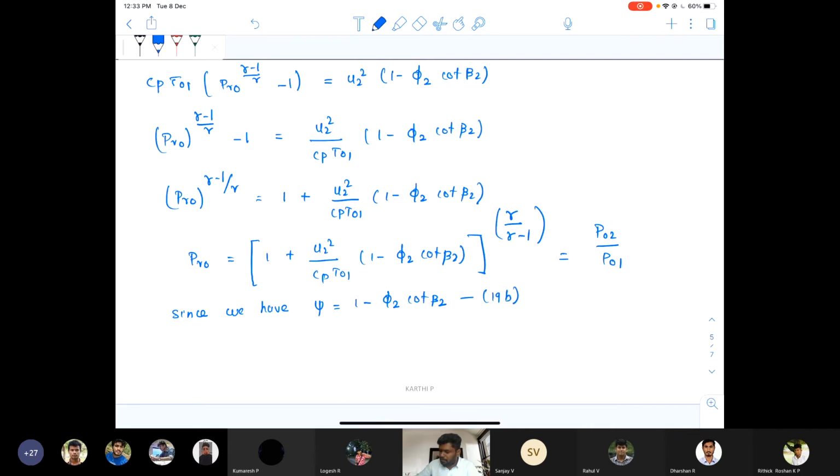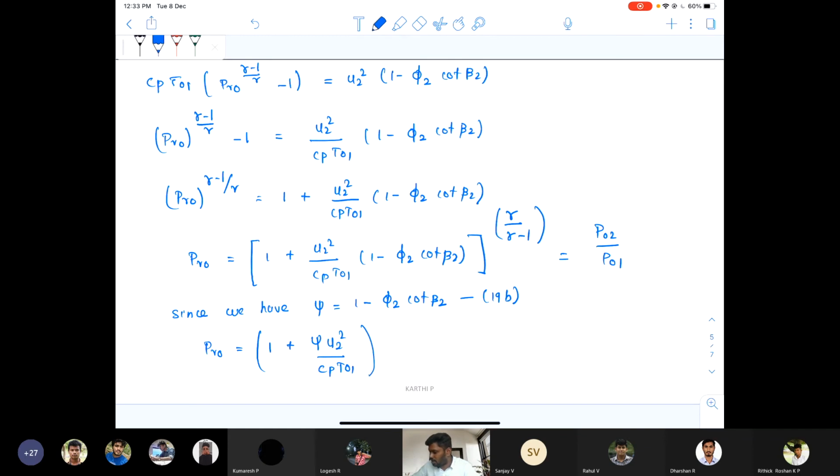We have pressure coefficient is equal to 1 minus flow coefficient times cot beta 2, and if you substitute this value in this equation, you will be getting the pressure ratio PR0 is equal to 1 plus pressure coefficient times U2 square divided by Cp times T01.